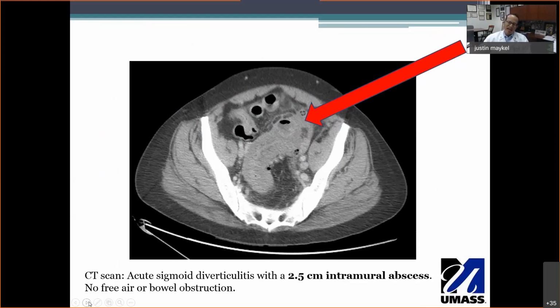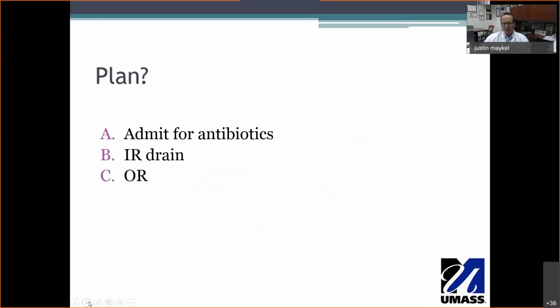And you can see the arrow notes what was measured to be a 2.5 centimeter intramural abscess, or abscess within the thickened wall of the colon, without any free air or free perforation. Although there was some edema and obviously a very narrow lumen, there was no proximal dilation or any evidence for significant large bowel obstruction. So the question here is what to do next.